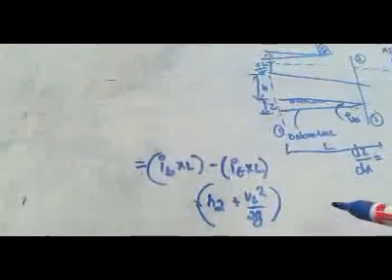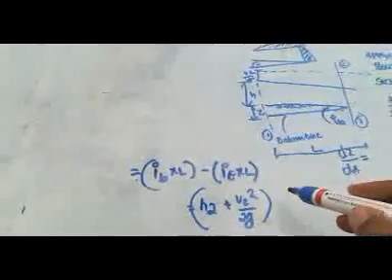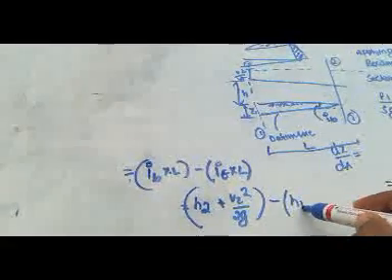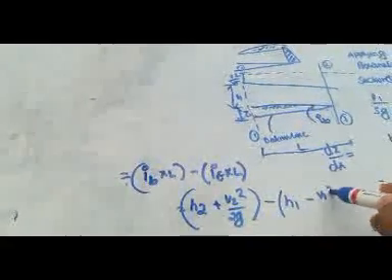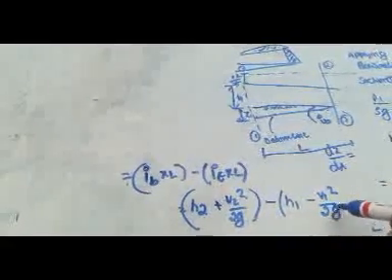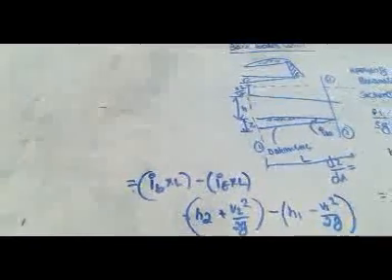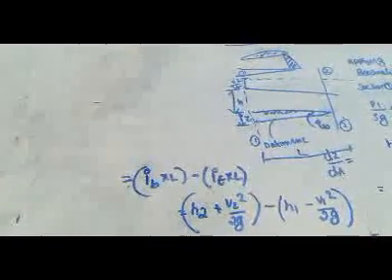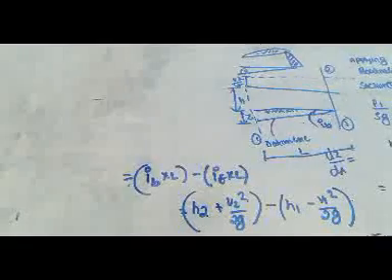So here H2 plus V2 square by 2G minus H1 minus V1 square by 2G.